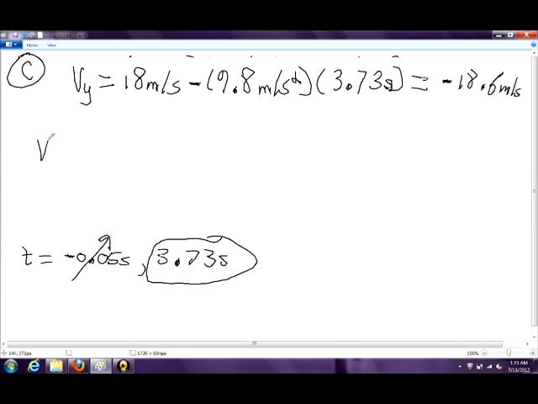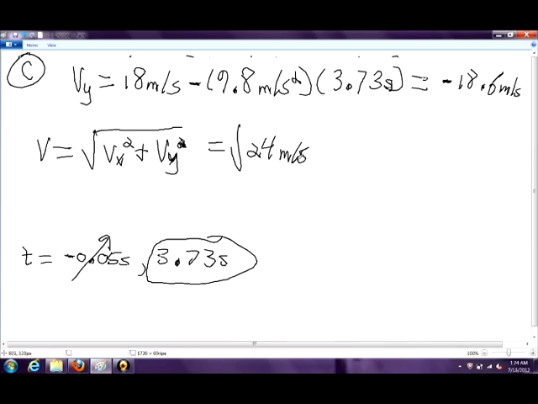Okay, so now we can say that V is equal to the square root of Vx squared plus Vy squared, which is equal to the square root of 24 meters per second squared plus negative 18.6 meters per second squared.